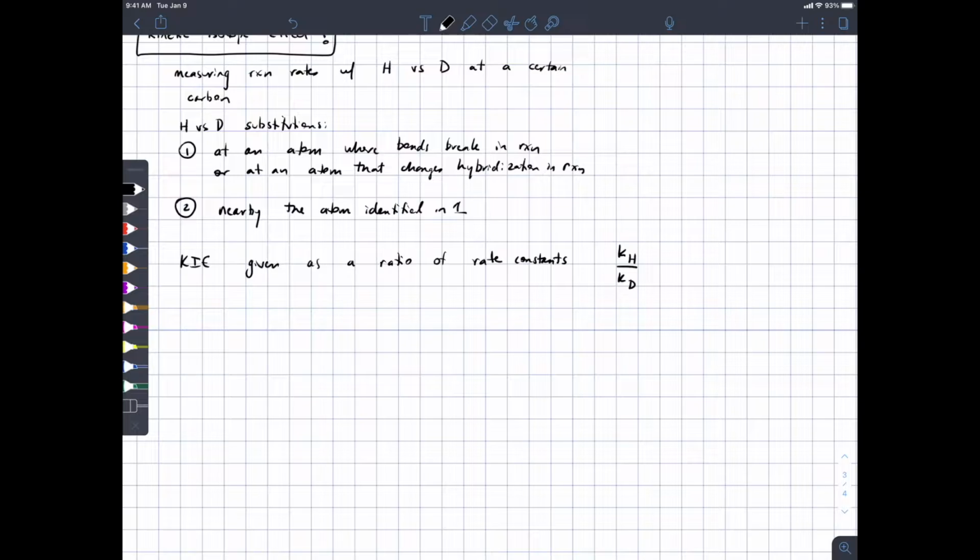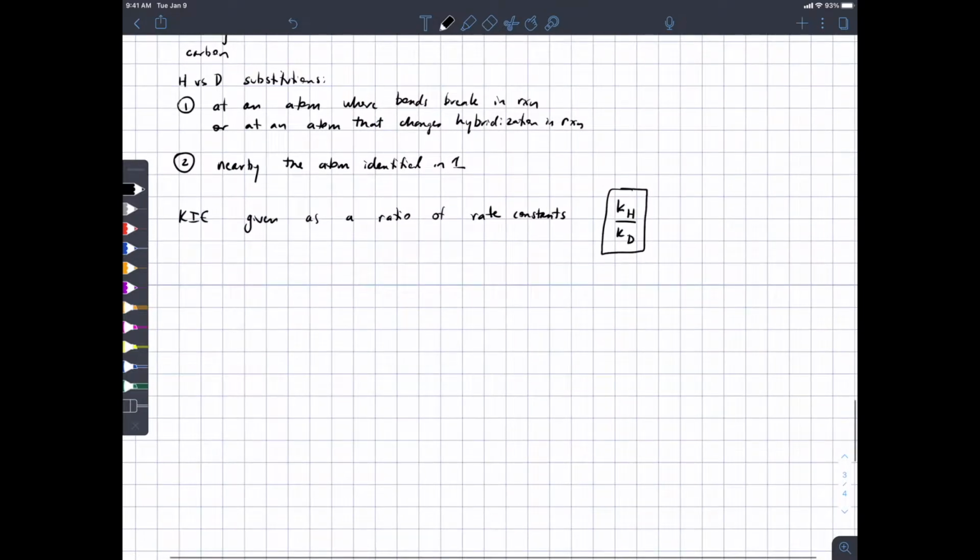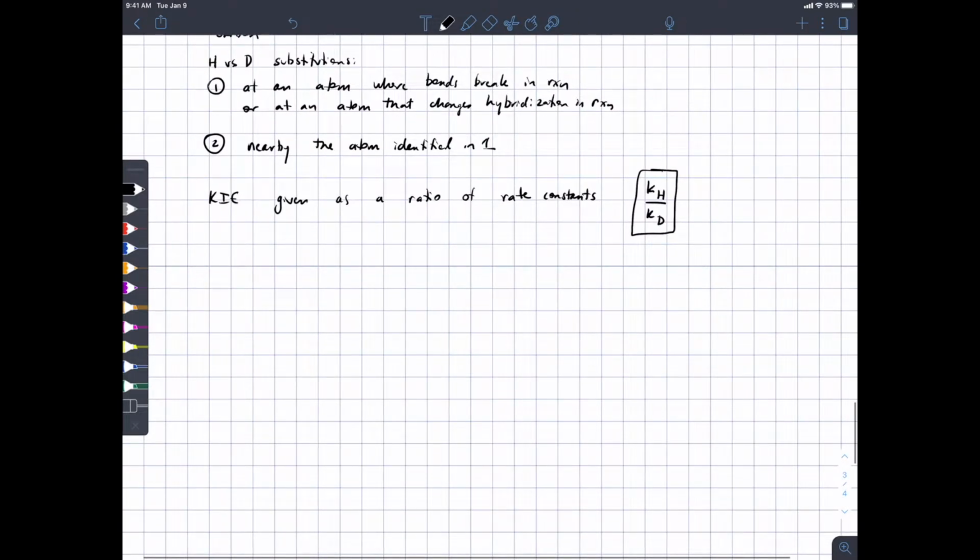and it's generally given, it doesn't have to be this way, but this is generally how we say it: hydrogen rate constant over deuterium rate constant. Okay? And what does this number tell you?